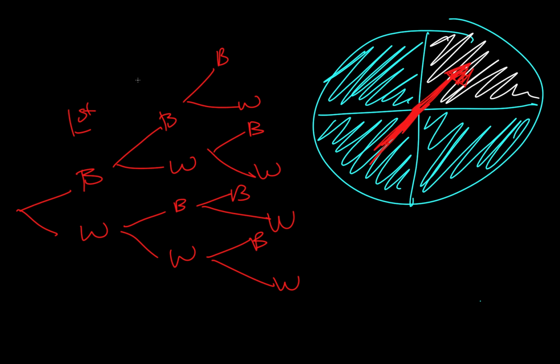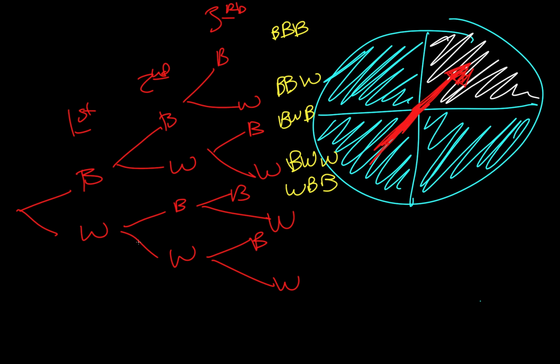Okay, so this is your first spin, second spin, third spin, and if we go here, it's blue, blue, blue; blue, blue, white; blue, white, blue; blue, white, white; white, blue, blue; white, blue, white; white, white, blue; and then white, white, white.